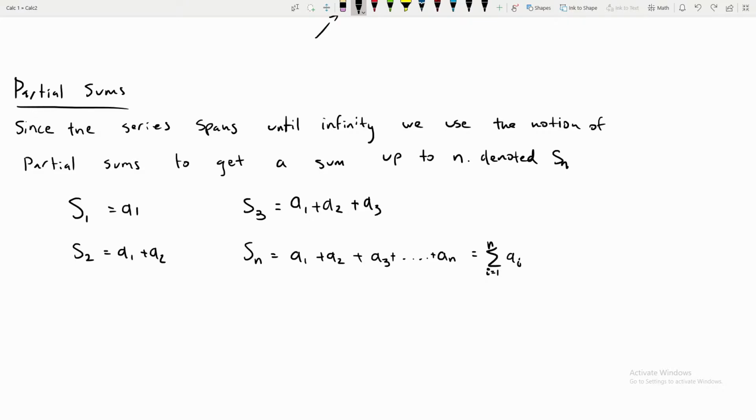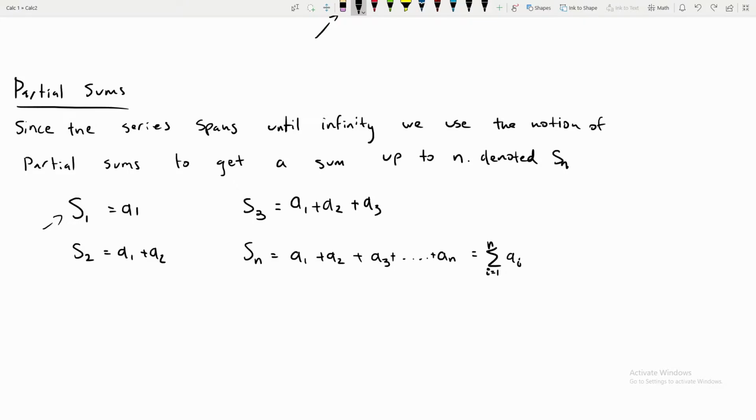I've given a couple of examples here of what a partial sum might look like. s_1, meaning the partial sum up to 1, would just be the first term of the series. The second partial sum, s_2, would be the sum of the first two terms, and likewise for s_3, where we sum up the first three terms.